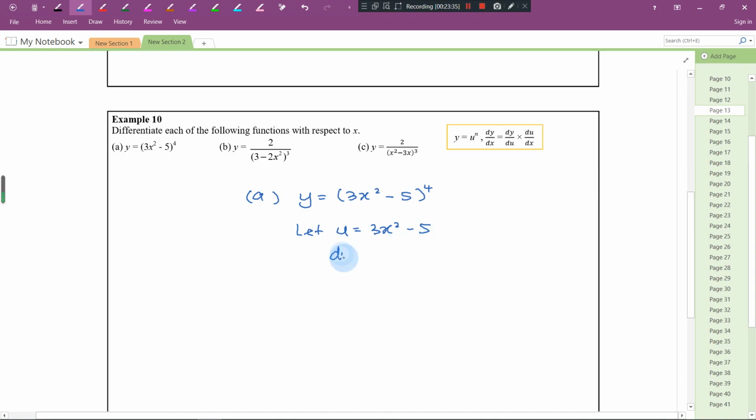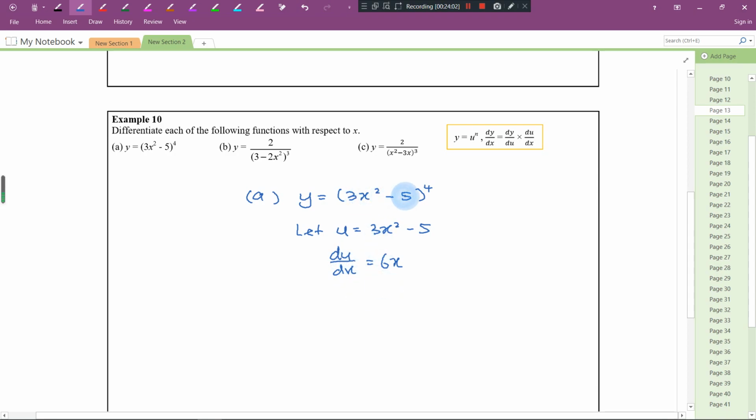Then we find du/dx. This is not y, so that's why here I do not write dy/dx, but du/dx. 2 times 3, you get 6x, power 2 minus 1, you get 1. Differentiate a constant, you get 0. So this is du/dx.